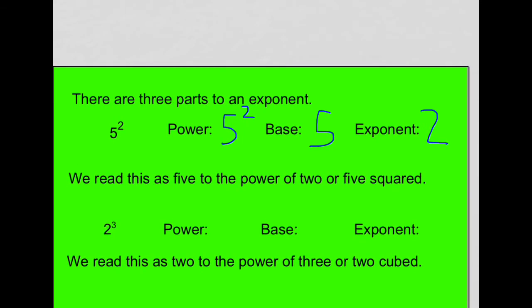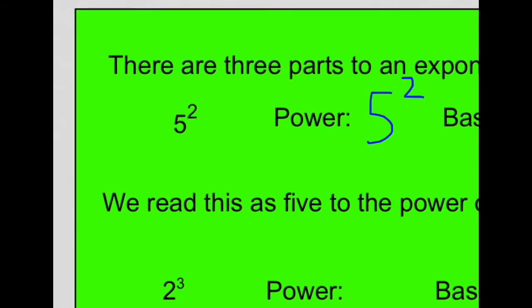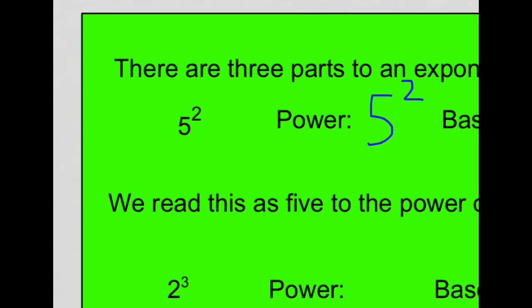Now we read this number as 5 to the power of 2, or we can read it as 5 squared. Now why can we say 5 squared? Because what this number really represents is a square that has side lengths of 5.